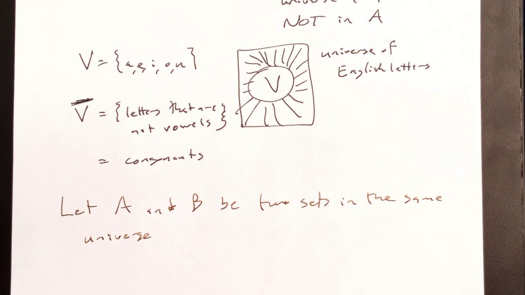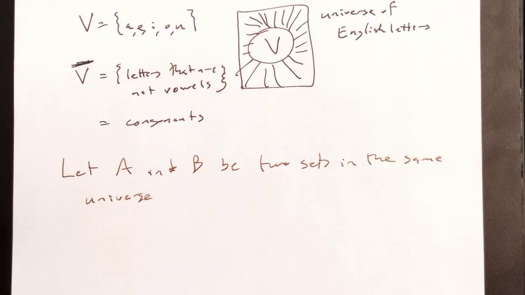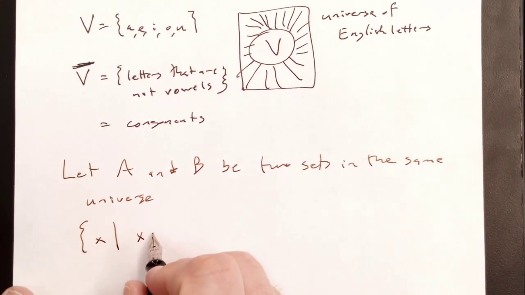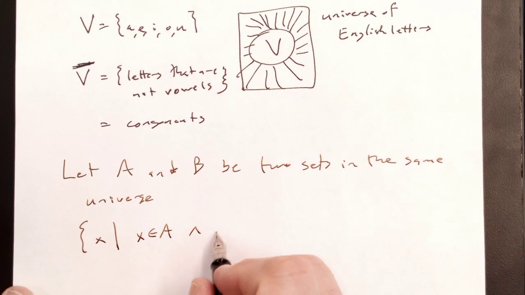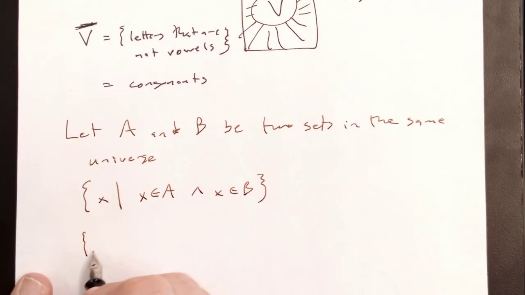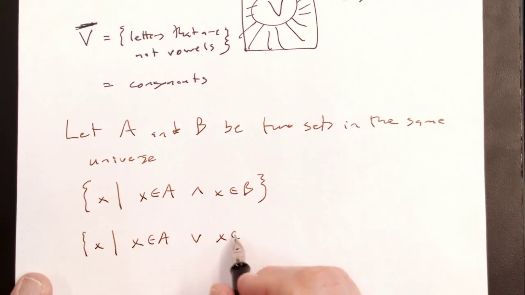I can't talk about a propositional function about people and a different propositional function about numbers and then kind of glue the two together. It doesn't really work. So I need these two sets to live in the same universe. Then I can define two new sets from these. The set of elements where X is in A and X is in B. And I can define the set of X such that X is in A or X is in B.